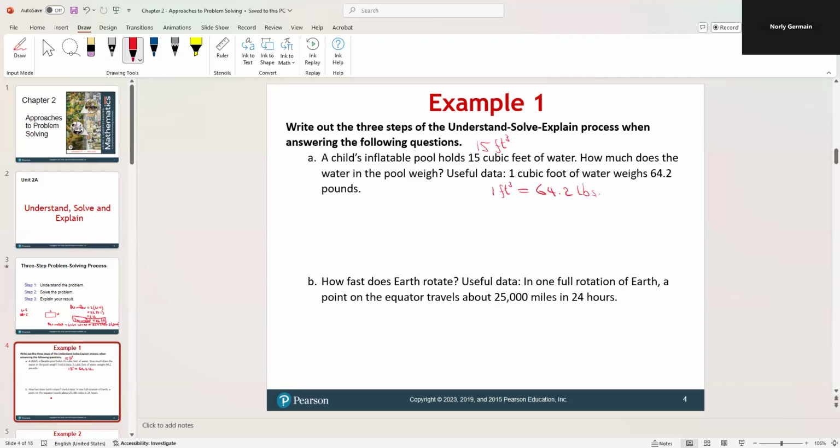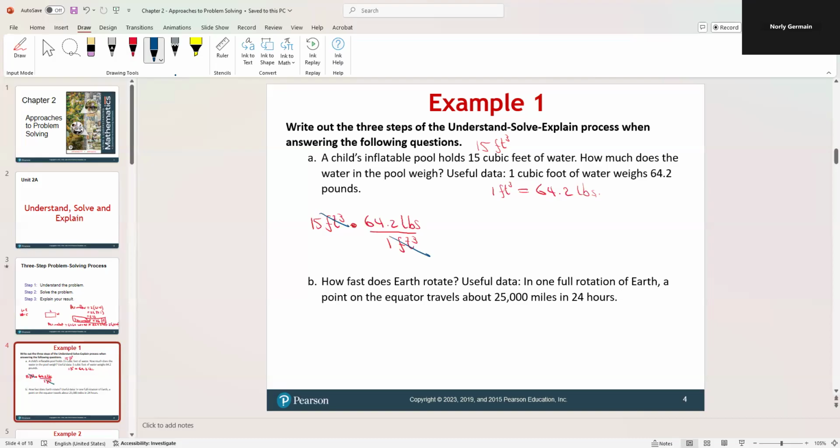So it is clear that we can take 15 cubic feet and translate it into pounds. If 1 cubic foot is 64.2 pounds, well, 15 cubic feet would be 15 times 64.2 pounds for 1 cubic foot. So we can cancel cubic feet.